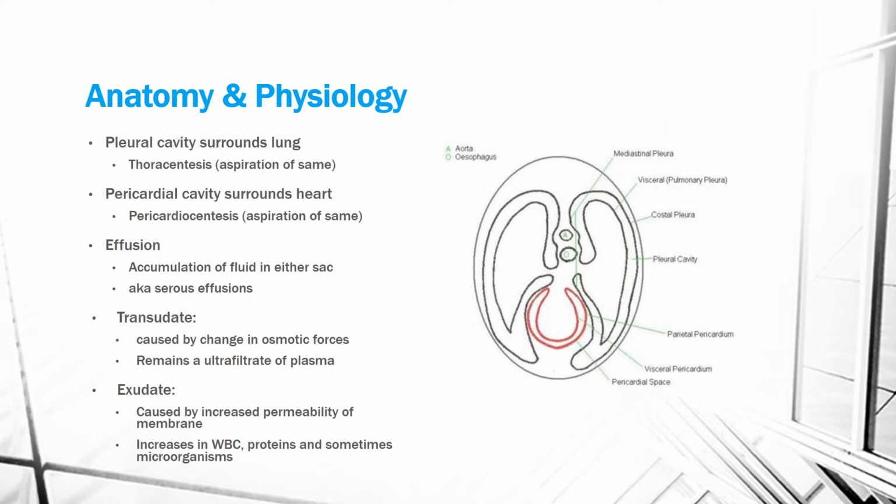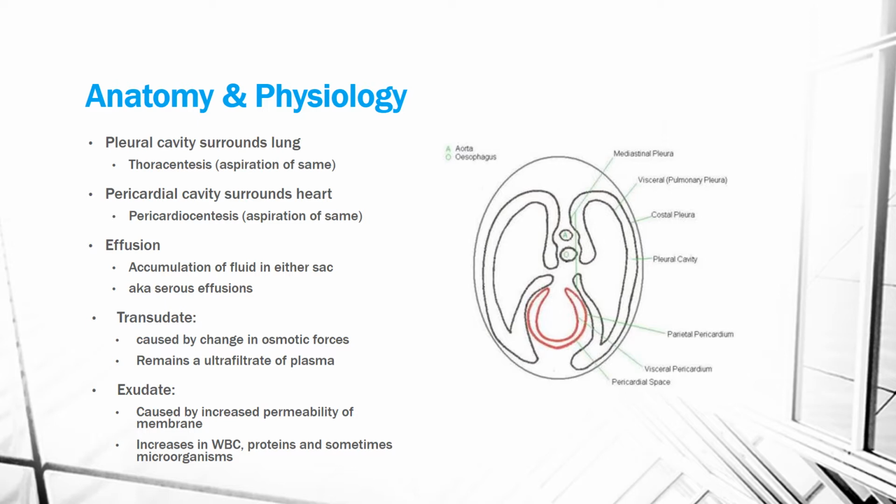It also helps to bathe those organs. However, the amount of fluid that we normally have in those sacs is so small that it would be very difficult to collect any fluid from those sacs in normal situations.